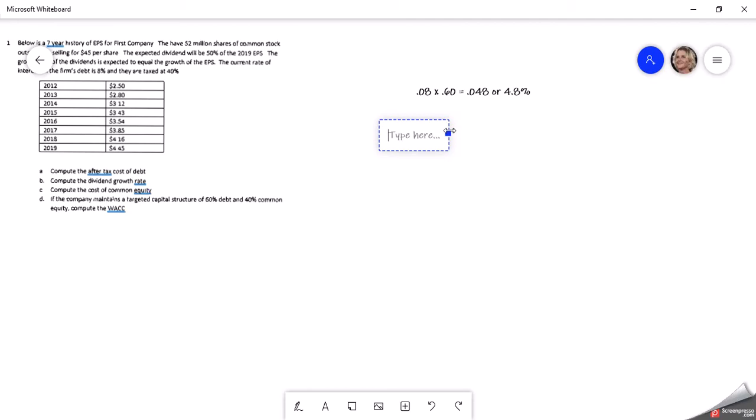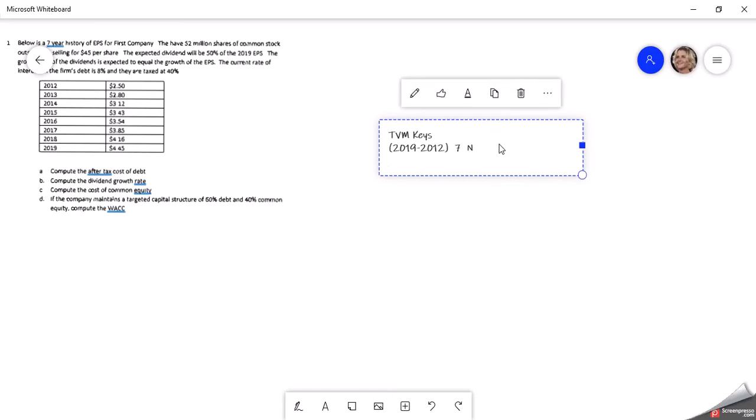To do the dividend growth rate, we're going to use our time value of money keys on the calculator, and we are going to have the difference in the years. So 2019 minus 2012 gives us 7, and that's our N. We're trying to compute the IY, so we'll skip over that for now.